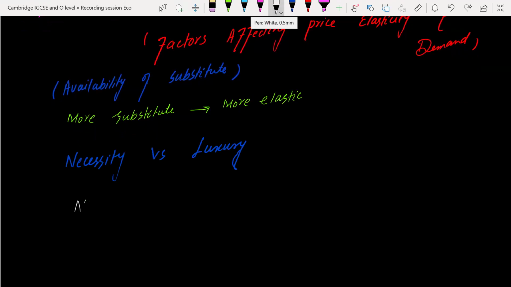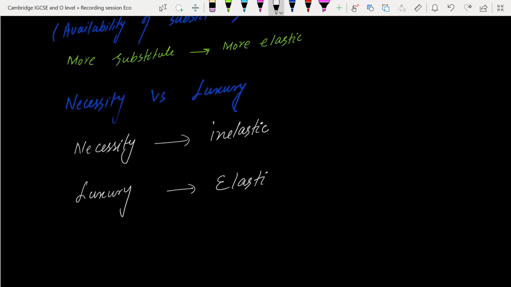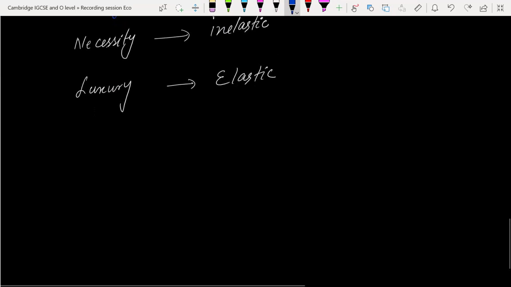Necessity items are more inelastic. Luxury items are elastic.